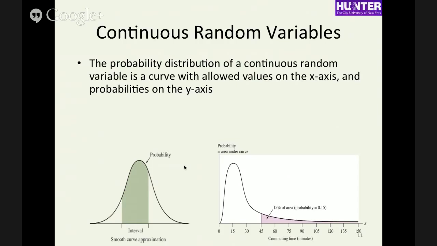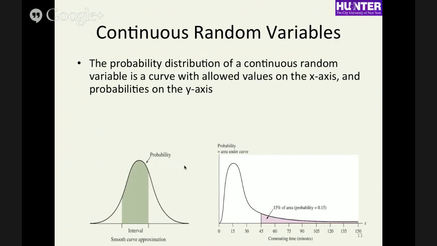If you look at the area under this curve, it'll give you the probability of having a realization of this random variable within that region. There are different shapes that are possible. We're going to be talking about the ones that look like this, the normal distribution.